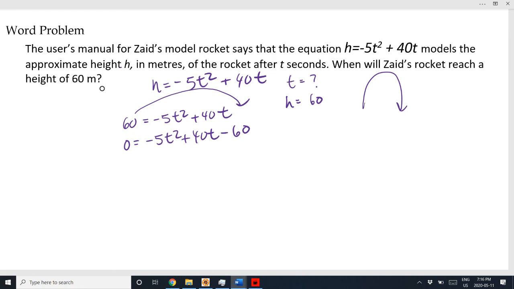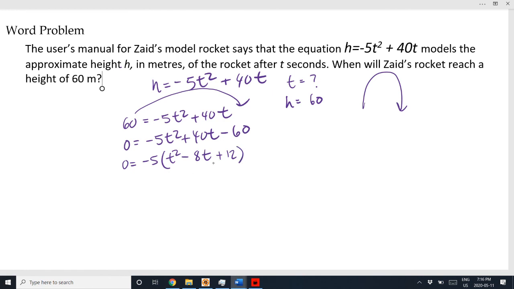Now, we want to factor this. But the first thing you may notice is that we have -5, 40, and -60, and these are all divisible by 5. So we can do common factoring first. So let's actually factor out a -5 from all of these. We'll be left with t squared minus 8t plus 12.